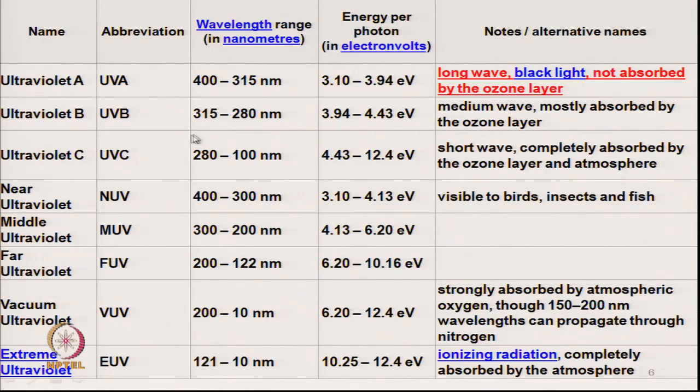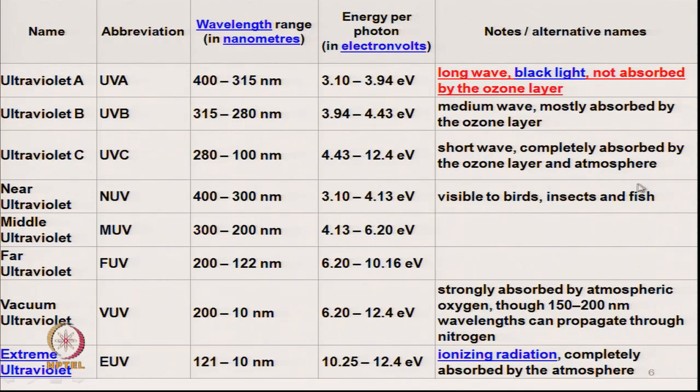UVB with energy range 3.94 to 4.43 are medium wave; mostly they are absorbed, but partially they penetrate through the ozone layer. UVC and UVD are short wave, they are completely absorbed by the ozone layer and the atmosphere.